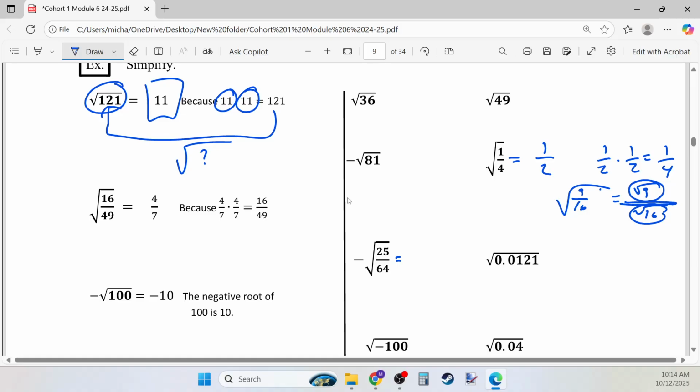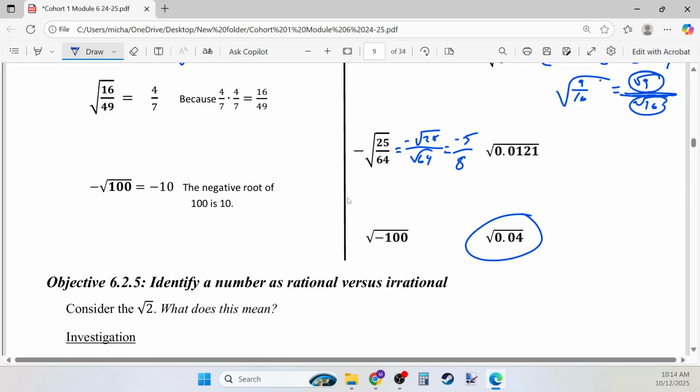Like this one here, square root of 25 over the square root of 64. What times itself equals 25? 5. The negative sign gets dragged along for a ride. 8 times 8 is 64, so we get negative 5/8.